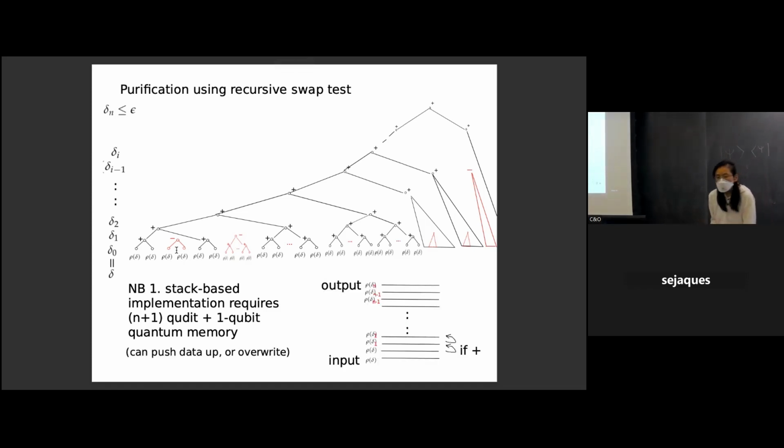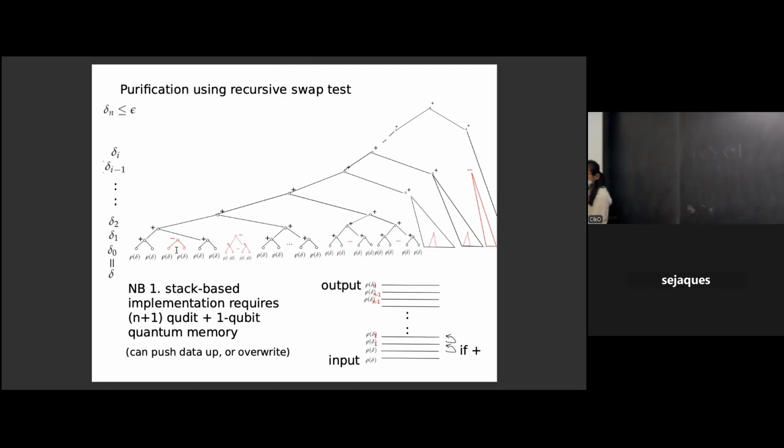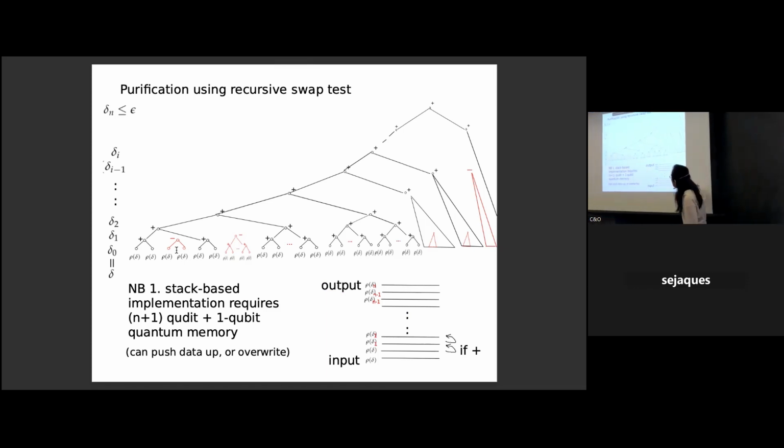The stack-based model, if you look at Wikipedia, is named after a stack of plates. What you're allowed to do is write over the top one. You can also take the state of one plate and write it to the plate on top of it, and so on. So you can always push the state one level up.